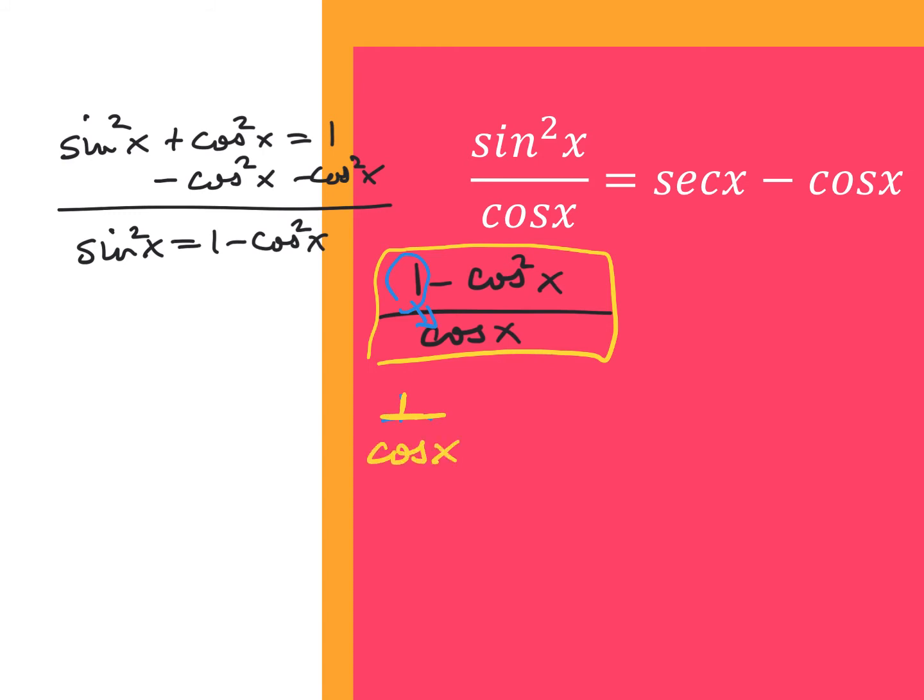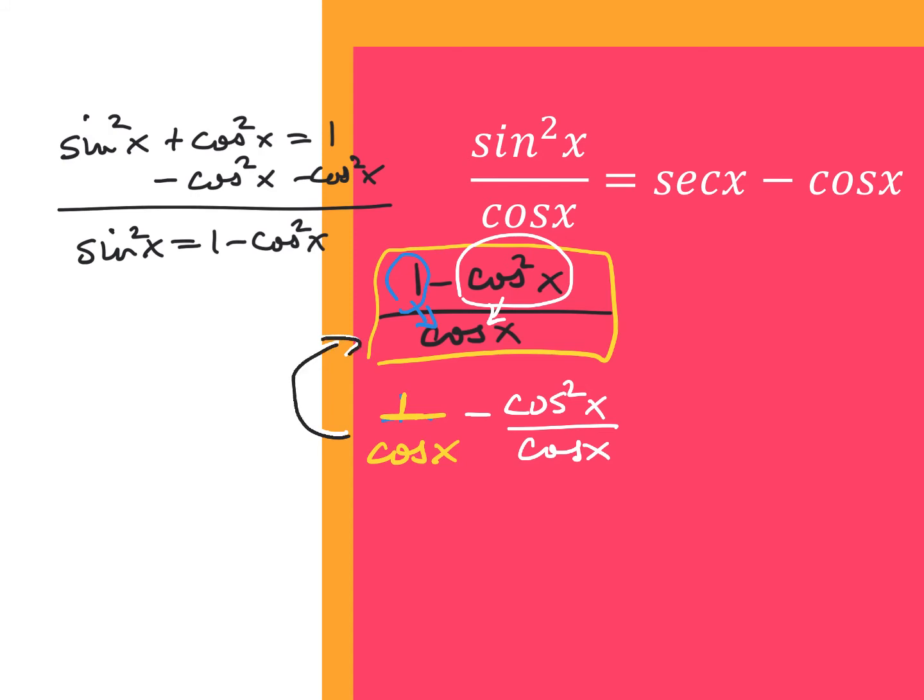And then I'm going to give cosine squared x its own denominator of cosine. So this is what it looked like before I subtracted. And then this was the answer up here to the subtraction problem.